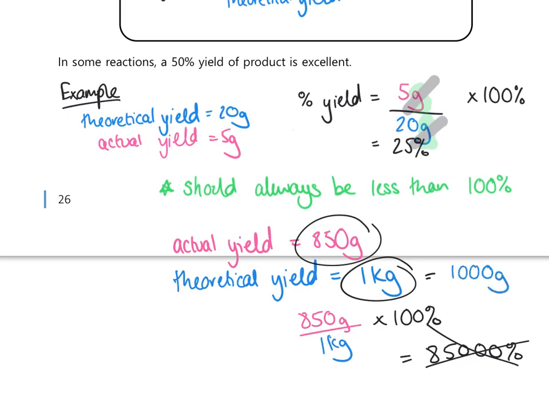So my theoretical yield is 1,000 grams. So then I put it into my equation. My equation then would be 850 over 1,000 grams. You can see now that they're both in grams. Times by 100%, and you would get 85% for that.